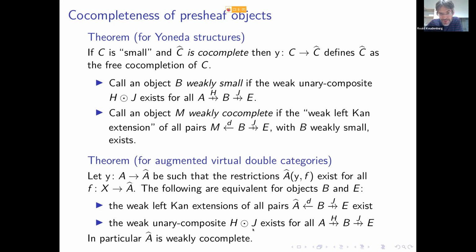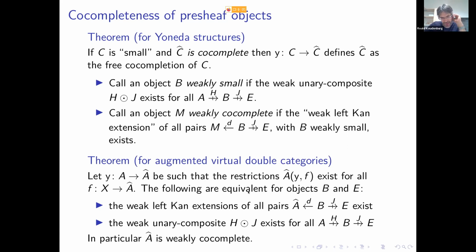That is equivalent to: for all pairs of horizontal morphisms, with the second one between B and E and the first one with source A, all these horizontal composites, well, these weak unary composites, exist.